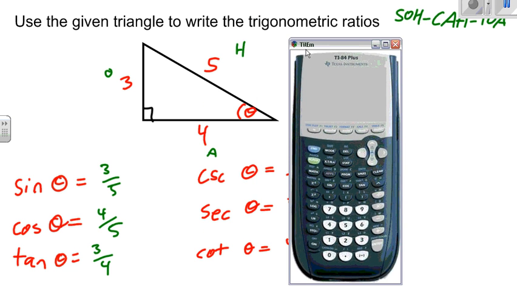So if you wanted to figure out how many degrees that angle is, you can use your calculator. If you're trying to find degrees, make sure your calculator's in degrees, so go into mode and make sure you're in degrees. We know we can do sine, cosine, or tangent, but if you want to go in reverse and find the angle, you do sine to the -1.